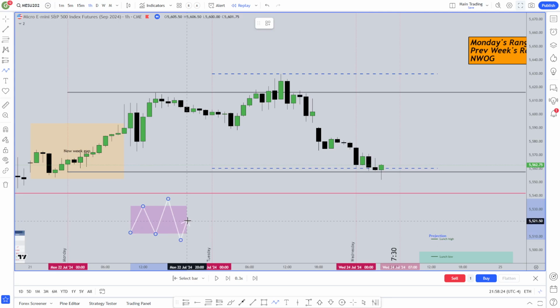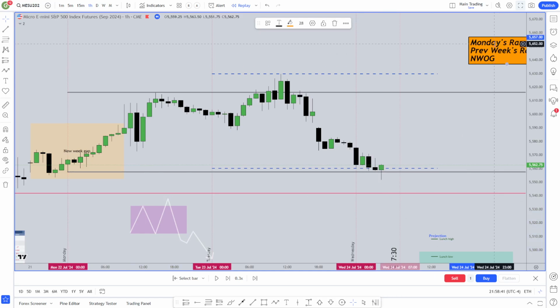Is it going to come back into the range and go higher, or is it going to break below the range and then go lower? So we need things like the previous day's high and low to help with that.